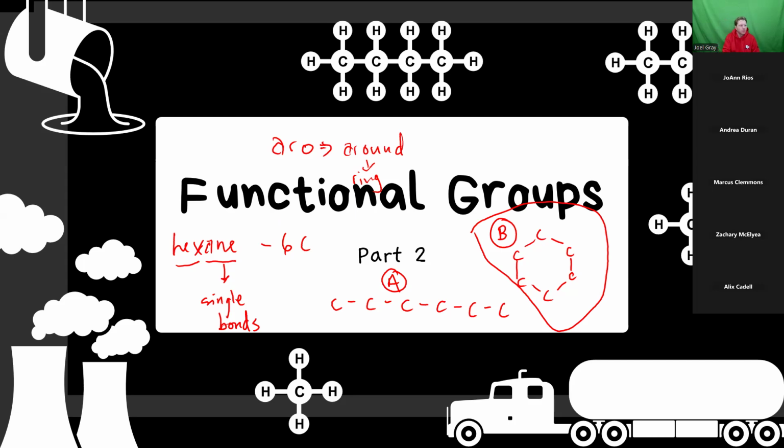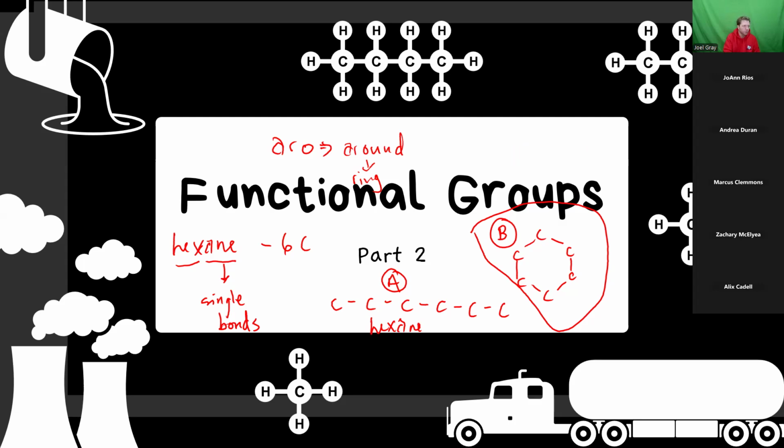Cyclo. So B would be cyclohexane. So we've got hexane as molecule A, and then cyclohexane as molecule B. That ANE suffix is a really important part about this.